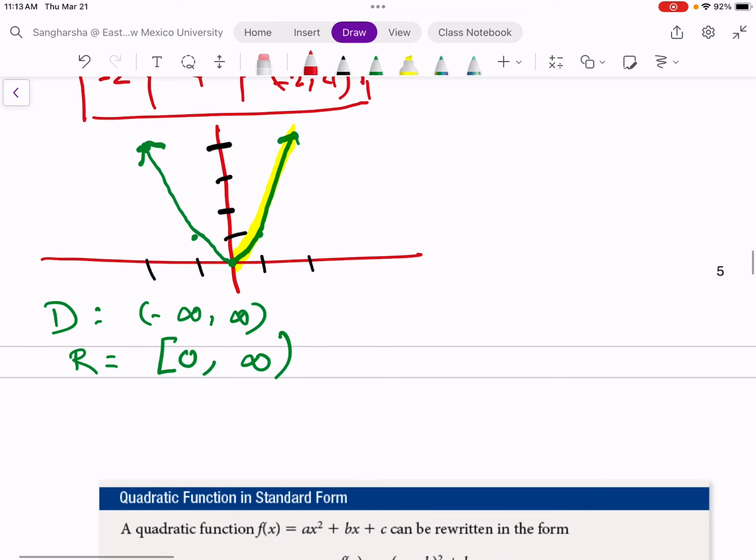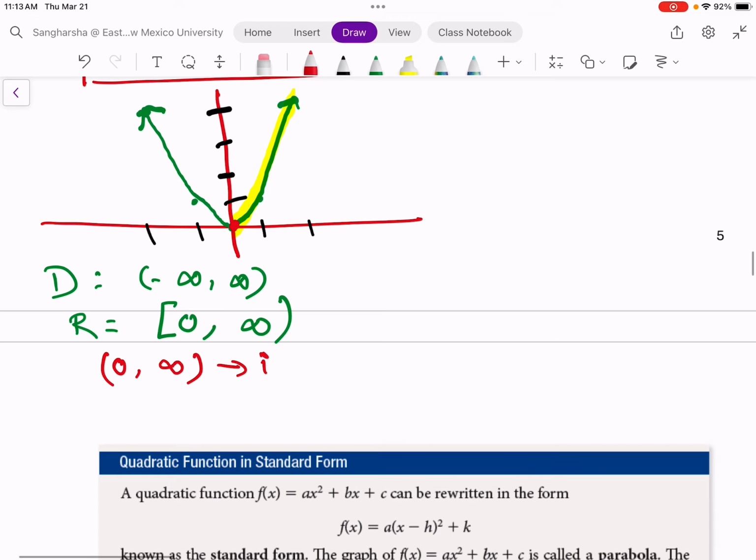Here the x value is 0, and since we can extend all the way to the right, it goes up to positive infinity. So 0 to infinity is the interval where the function is increasing. And what is the interval where the function is decreasing? Negative infinity to 0.